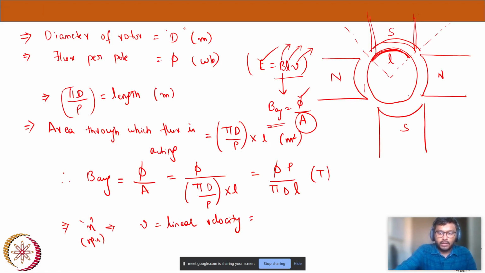To get velocity from rotations per second, how will you do that? Anyone, any idea? Rotations per second is a time quantity. Per second, you know how many rotations your machine is doing. Now to get the velocity from it, which is in meters per second, how will you get it?